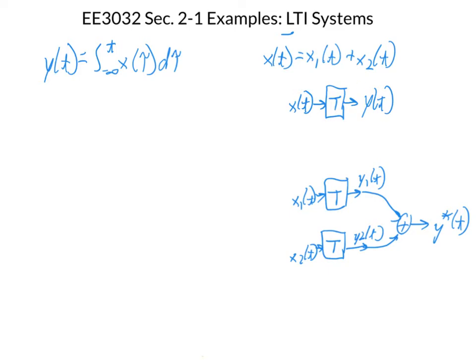So let's see if this is true for the integral system. The output y of t is this integral, and I can substitute in the definition of x of t, which is made of the sum of these two parts. So I have x1 plus x2 integrated over tau.